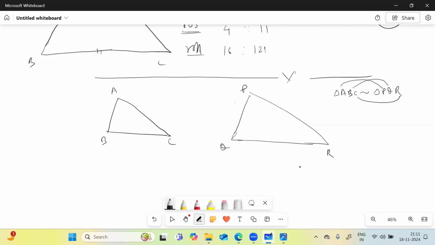And if they have given this value as 6, this value as 9, this value as 8, and if they are asking the value of QR, can you calculate QR?